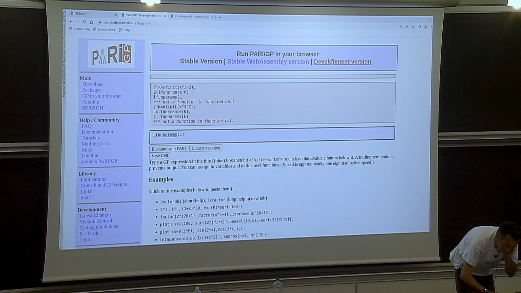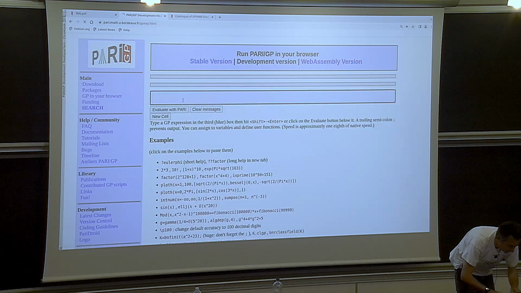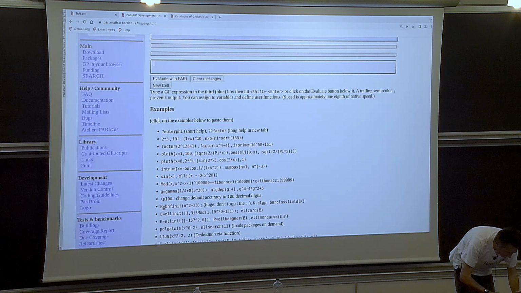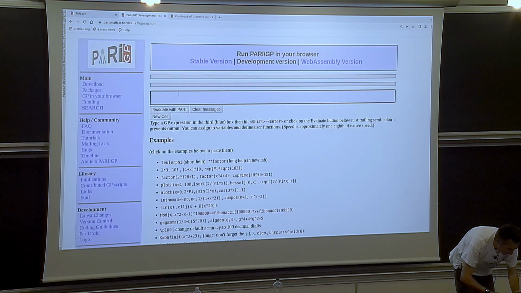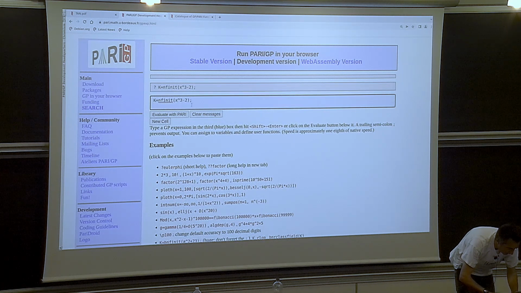Oh yes, I know that. Ah, there is no example there. Ah well no, the example is there, I think. Okay. So K is the infinite of this cube minus 2. Okay. So adding lfuncreate. Okay.